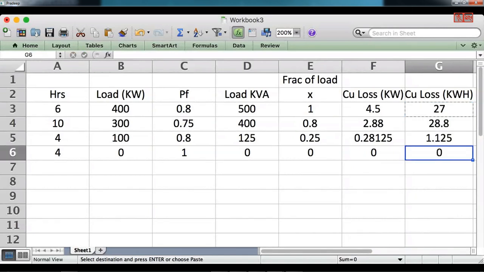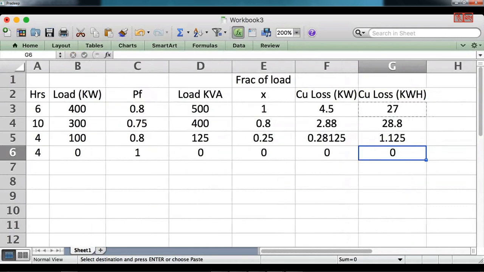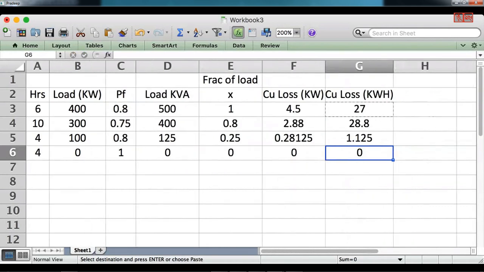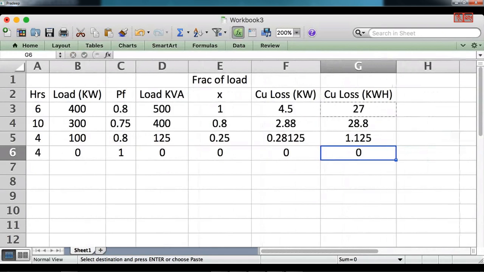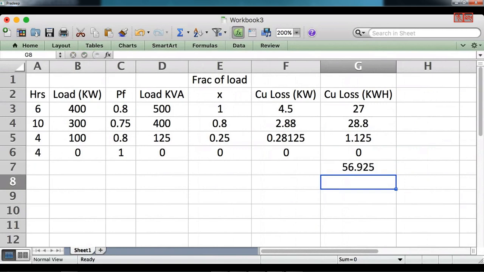So let me make some place. So now I got the copper loss. So what is the total copper loss? Is nothing but sum of all the above. So this is total copper loss.